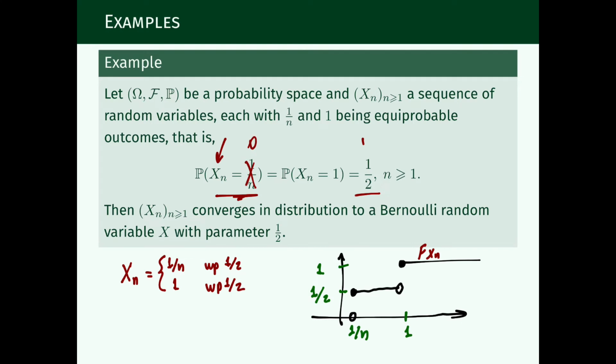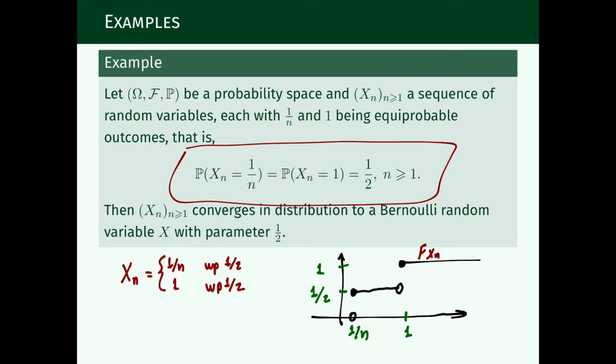The only dependence on n in this whole picture is this number, which is getting smaller and smaller. This is the 1 over n. And so here's the cumulative distribution function of the variable Xn, and we expect it to converge to a Bernoulli random variable with parameter 1/2.